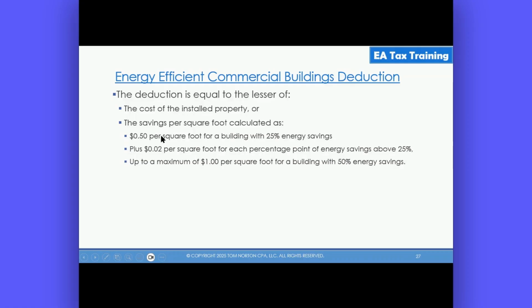It's 50 cents per square foot for a building with 25% energy savings. It goes up 2 cents per square foot for each percentage point of savings over 25%, up to the maximum of $1 per square foot for a building with 50% energy savings. So maybe remember the minimum and the maximum. And then also remember it is the lesser of these two things, the cost of that property or the savings per square foot.